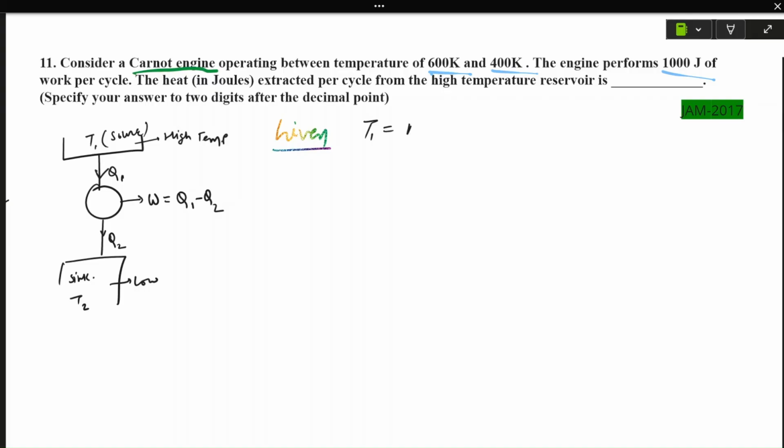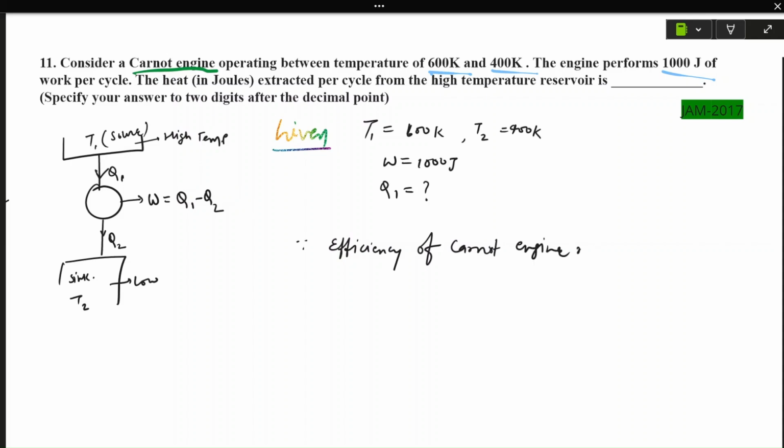Temperature T1 is 600 Kelvin, temperature T2 is 400 Kelvin, and work done is 100 joule. So we have to calculate Q1. Now we know by the efficiency of a Carnot engine, efficiency is equal to W upon Q1.